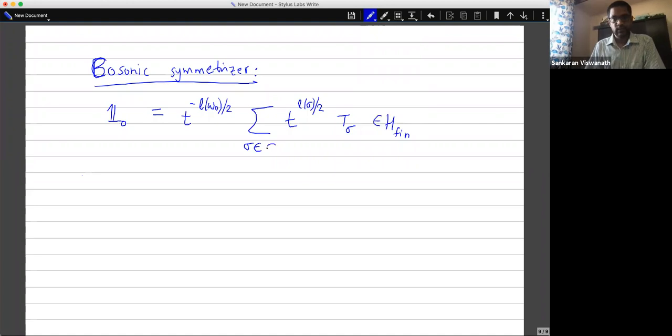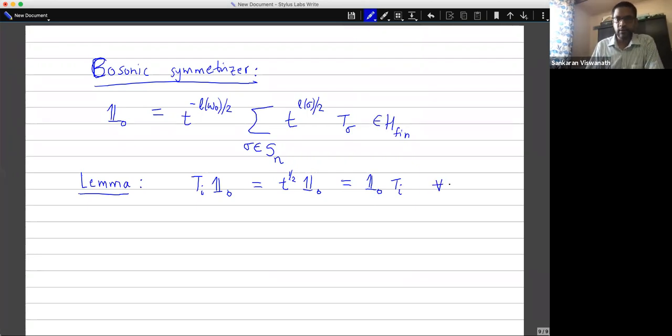The properties, briefly mentioned before, are firstly that Ti on this element is exactly t to the power half times this element, and it's also this element times Ti. It commutes with Ti for all i. So it's actually a central element of the finite Hecke algebra, and up to a normalization, it's also an idempotent. So it's almost a central idempotent.